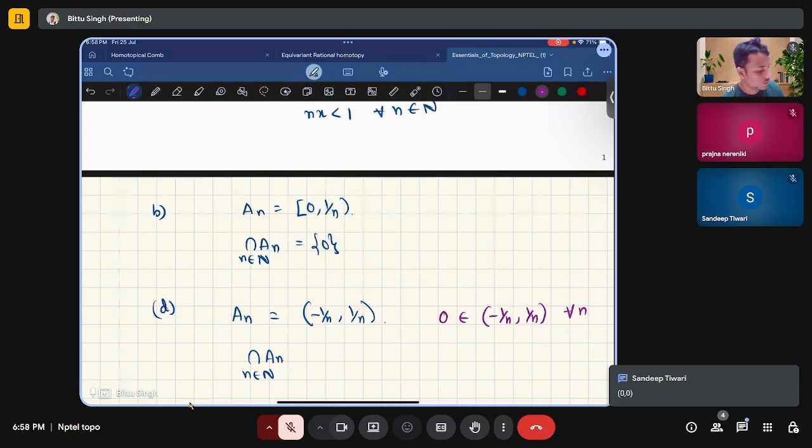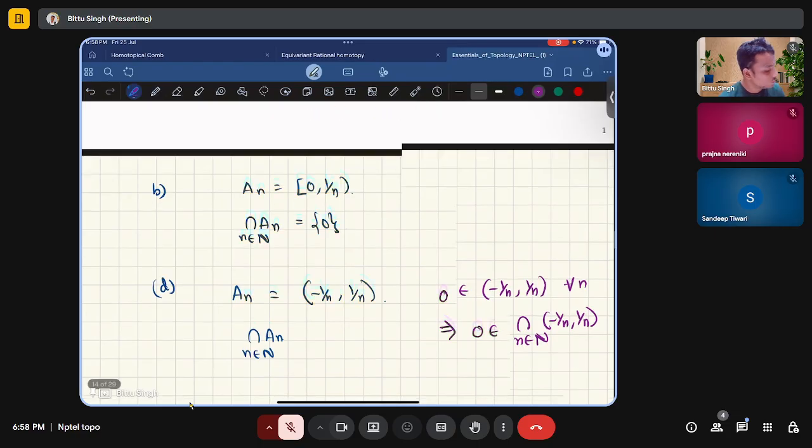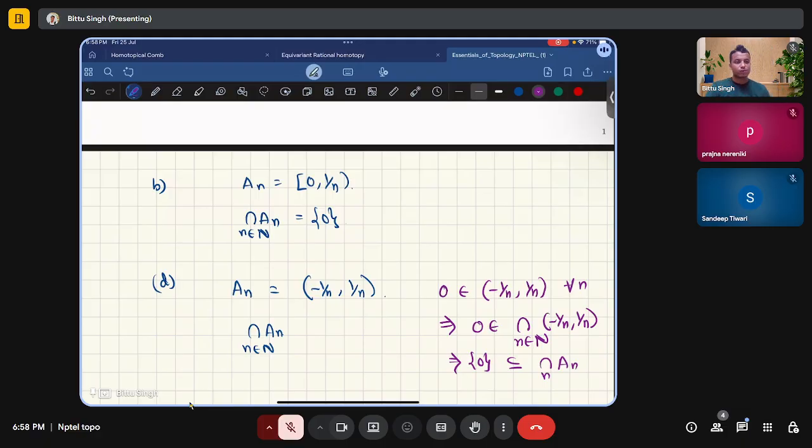Therefore 0 belongs to the intersection. So on one side it is clear that 0 is contained in this intersection, and the converse is also true.